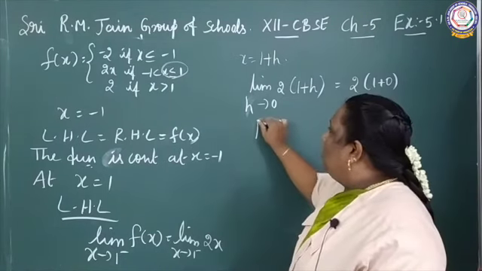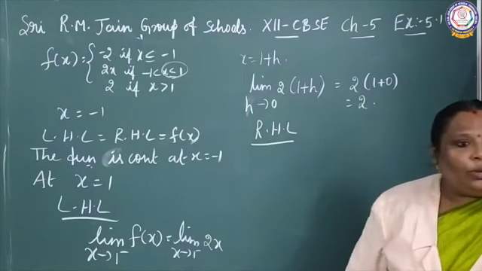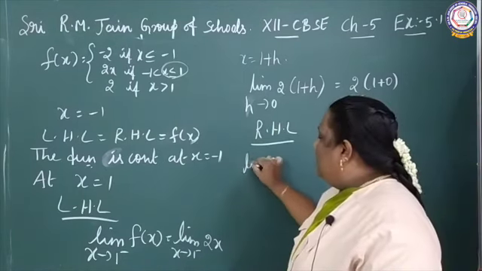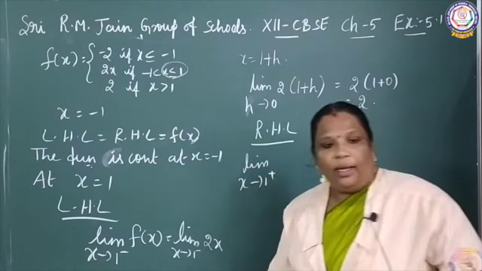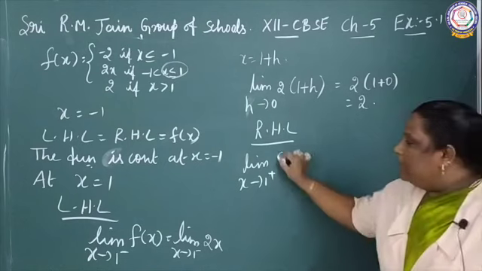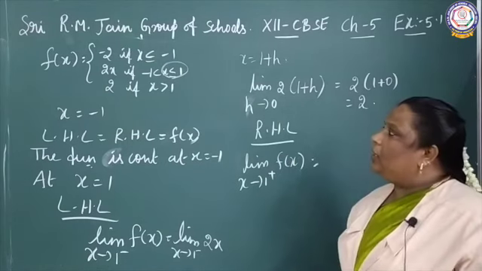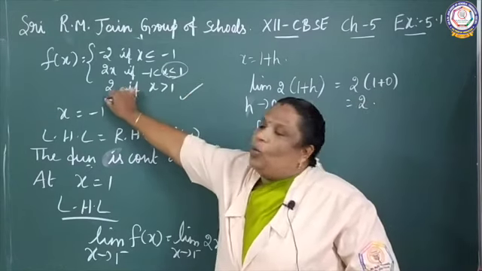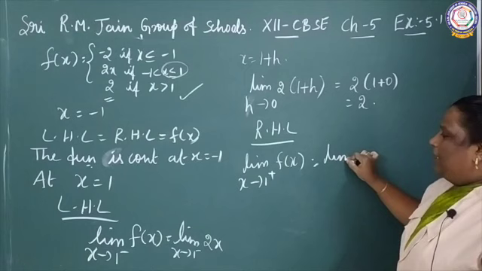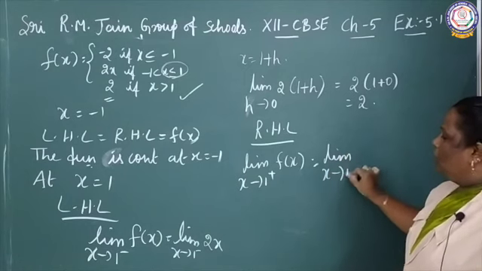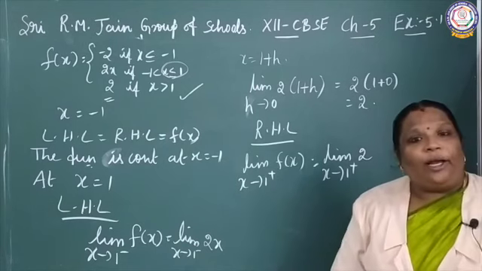Now you move on to the right hand limit. Limit x tends to 1 plus of f of x, where x is greater than 1. What is that value? 2. Limit x tends to 1 plus of 2.